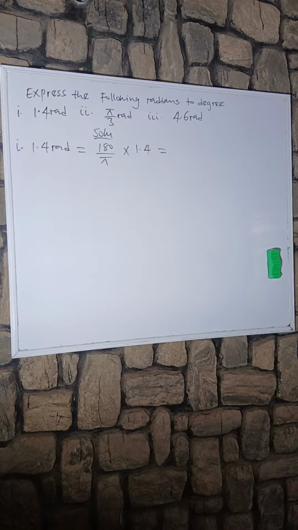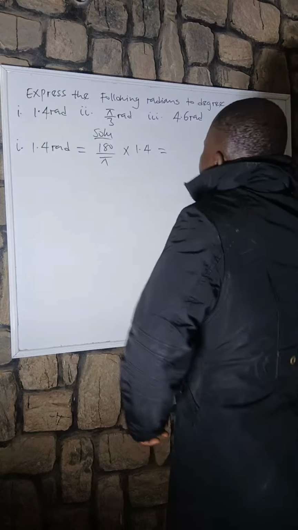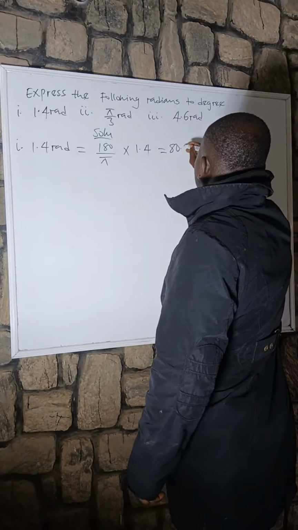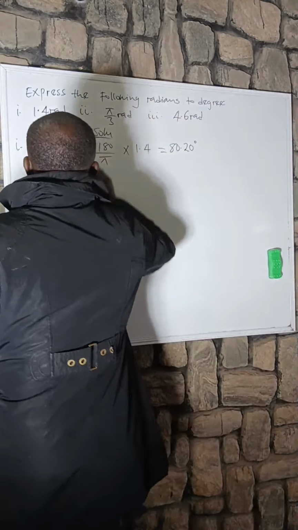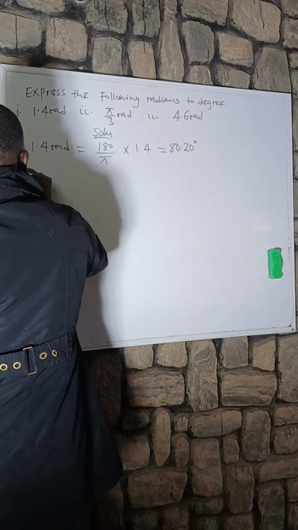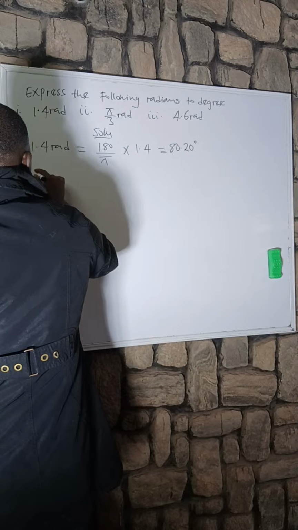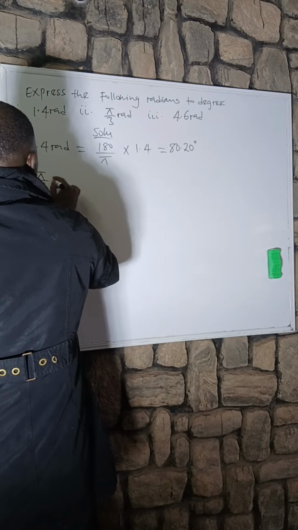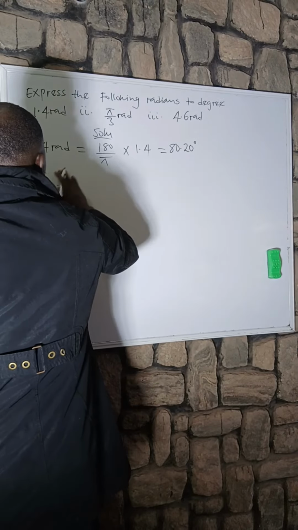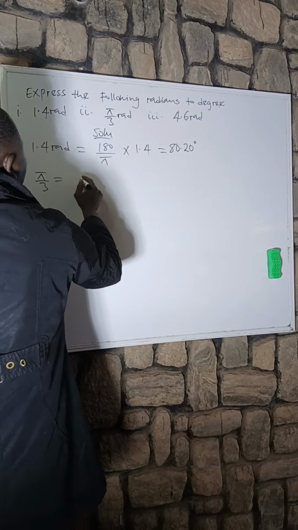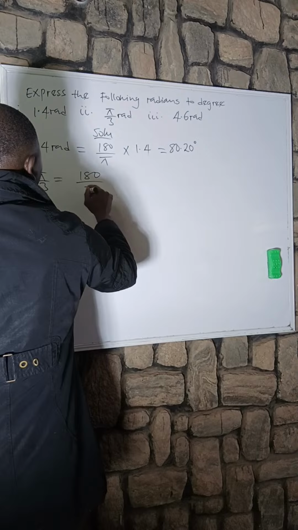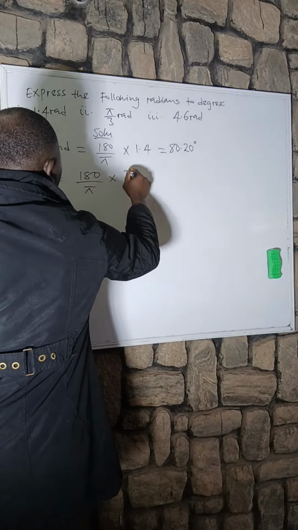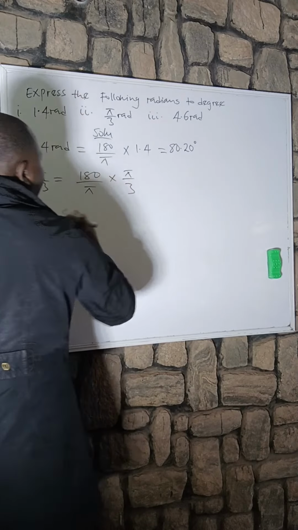I think you are supposed to have 80 point 20 degree. Then (ii) pi all over 3 equals 180 all over pi times pi all over 3.